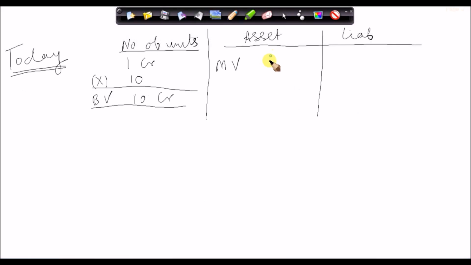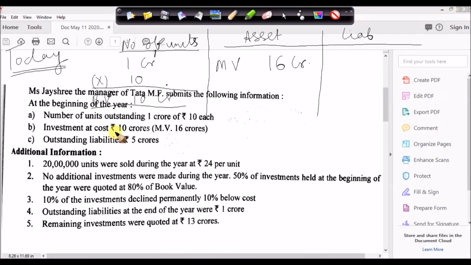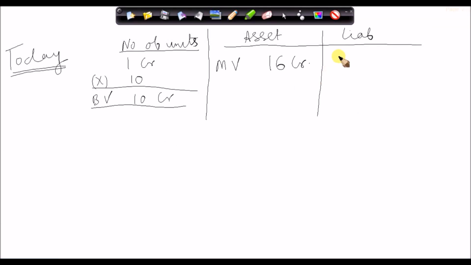Then we have outstanding liabilities at 5 crores. So right now we have a net asset value, that is asset minus liabilities, that is 16 minus 5.